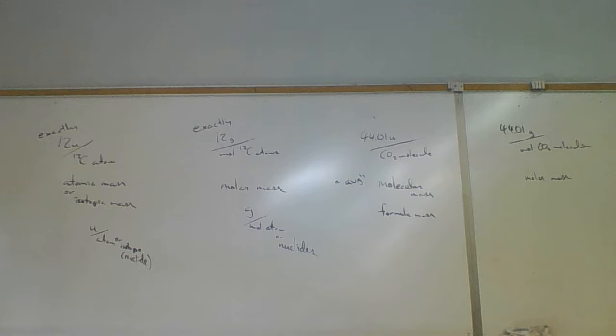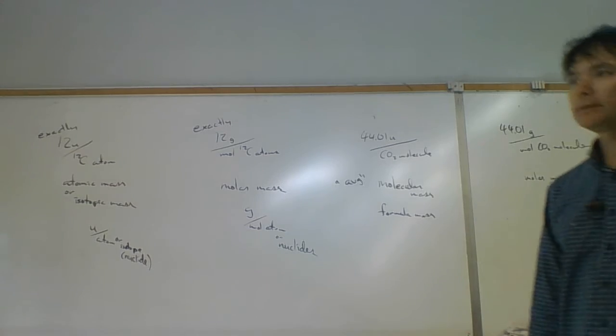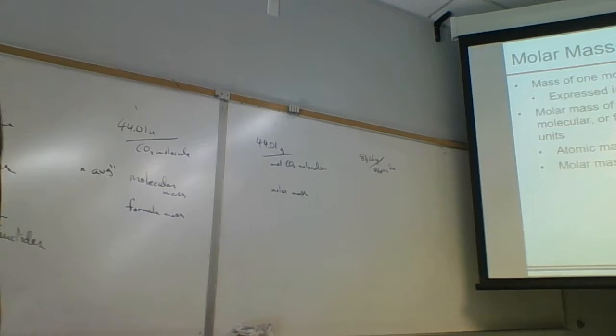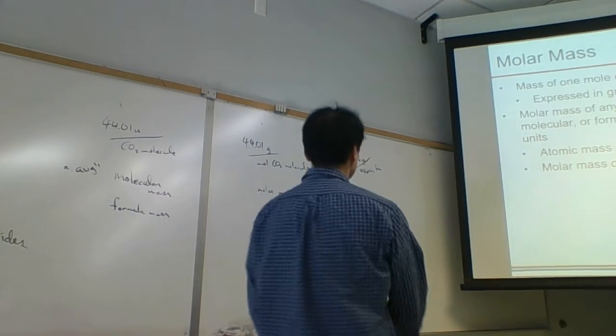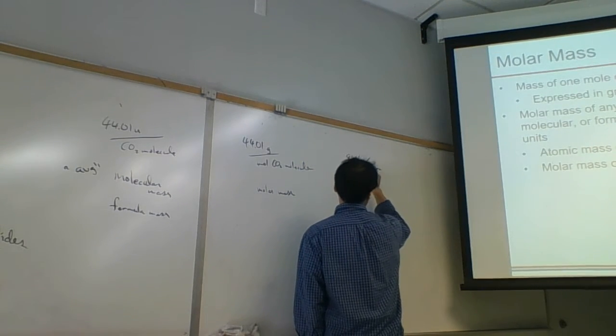ammonium nitrate formula units. And so what would we call this here? Do we call that the molecular mass? The atomic mass? Well, we wouldn't call it the molecular mass because ammonium nitrate does not form molecules.